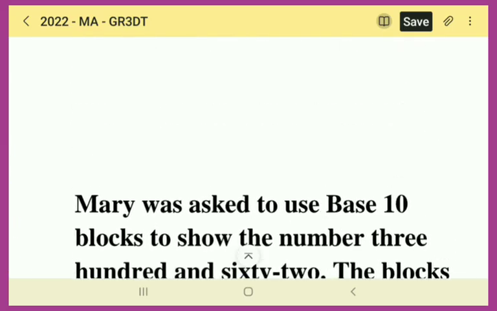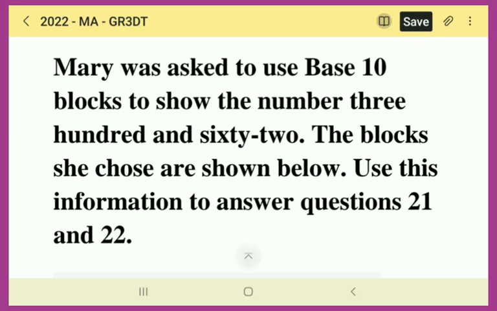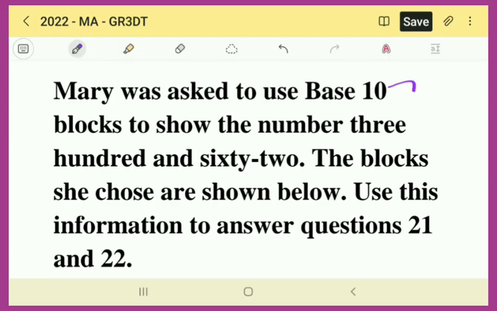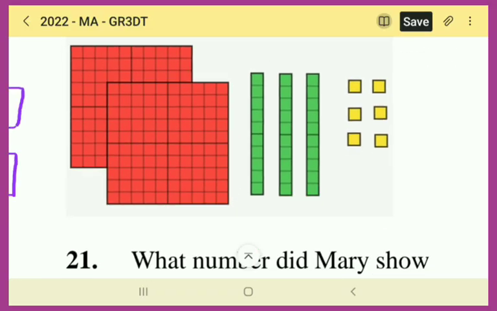This one is for all my February people. Read up if you're born in February. Mary was asked to use base 10 blocks to show the number 362. So the number 362. The blocks she chose are shown below. Use this information to answer questions 21 and 22.